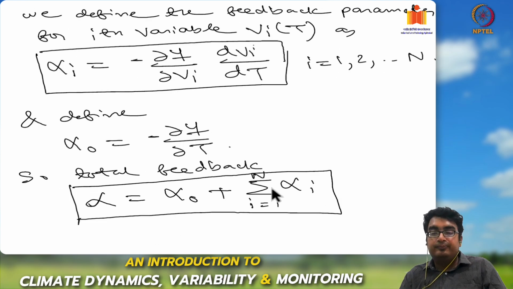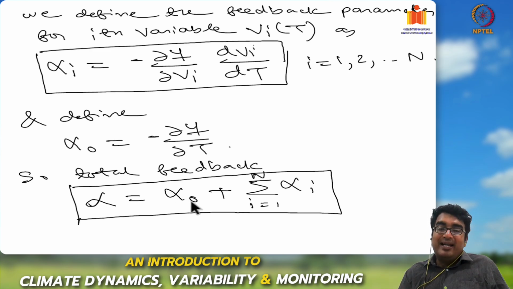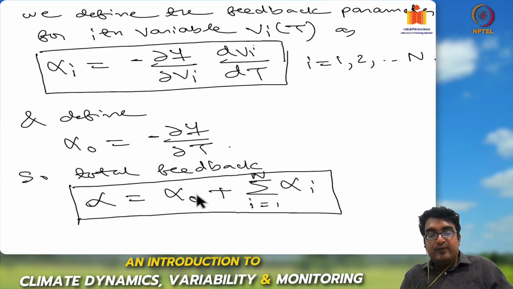Okay. So here then we can model and evaluate the values of each of these alphas, alpha 0, alpha 1, alpha 2, alpha 3 for all the variables. Alpha 0 is the direct temperature feedback, alpha 1 may be the water vapor feedback, alpha 2 may be the cloud feedback, alpha 3 may be the radiation balance feedback, etc. Okay.